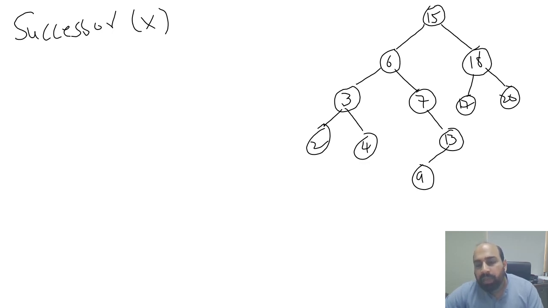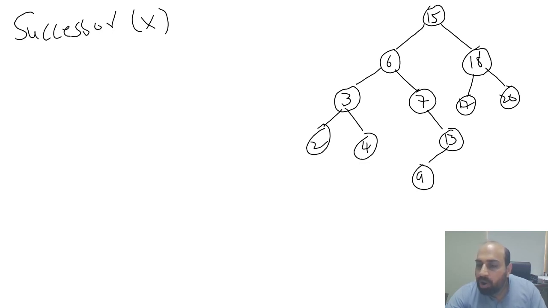Okay, now in another case, for example, if there is a node whose right subtree does not exist, for example 13. The right subtree does not exist and it is the right child of its parent, then what happens? In case of 13, the right subtree is not present and 13 is the right child of 7. So what is the successor of 13?